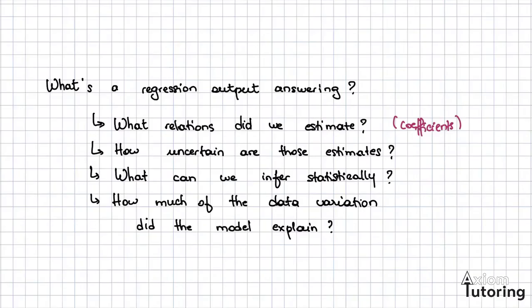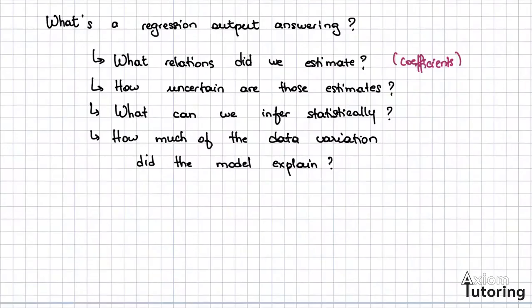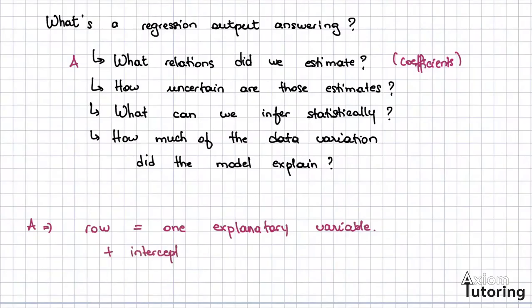In a table that gives you the output, every row corresponds to one explanatory variable. So for, let's call this block A, you're going to have a row being one explanatory variable. Then you'll have one more row which has the information on the intercept. And as you know, the coefficients tell you the estimated relationship between x and y, holding other variables constant.